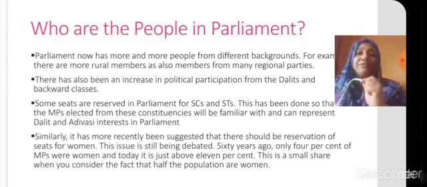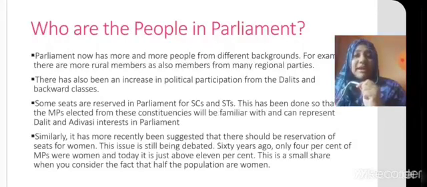They are fighting for at least 50% of the seats of the Parliament, because half of the population of our country is women. We women have been demanding at least 50% or equal seats in the Parliament as representatives or MPs.